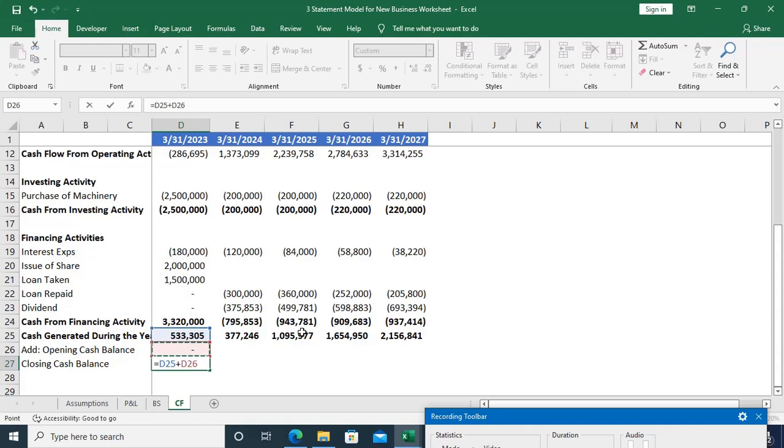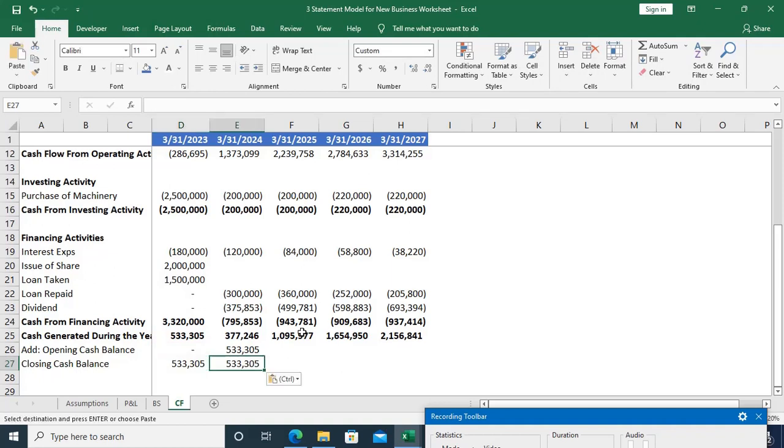And if there was any opening cash balance, now the opening cash balance would be this one. So this is this plus this. If we put it here, this is becoming 910. If I drag the formula, this is taking this.